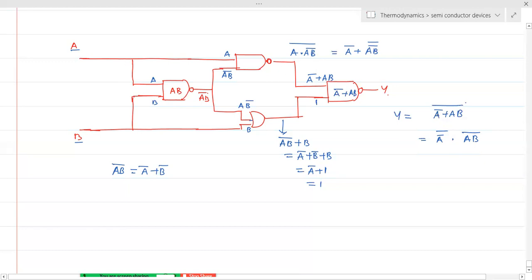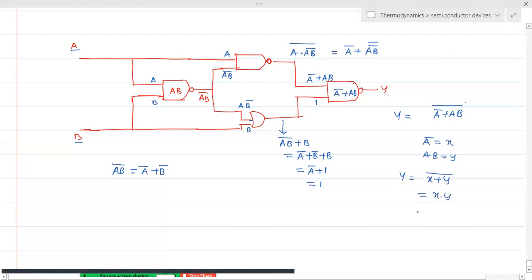Here it is very simple. We will make it very simple. Let us take A bar as X and AB as Y. Y is equivalent to X plus Y, whole bar. X plus Y whole bar, what do we get here? X bar dot Y bar.